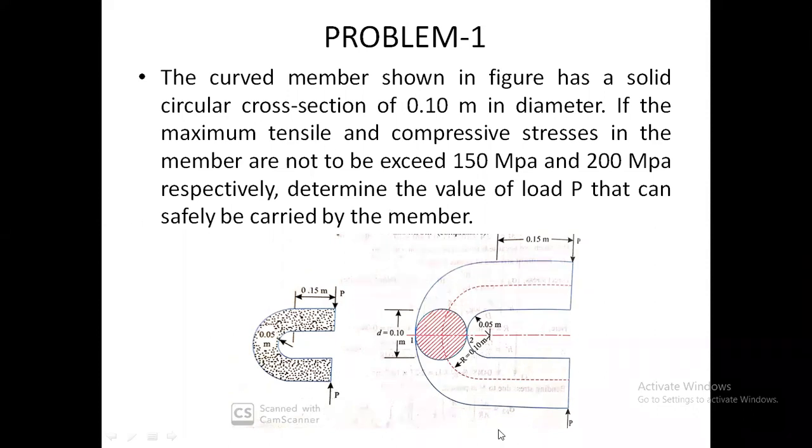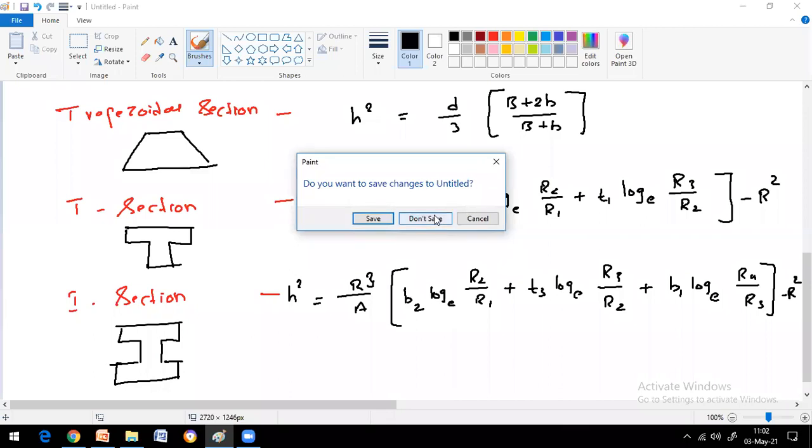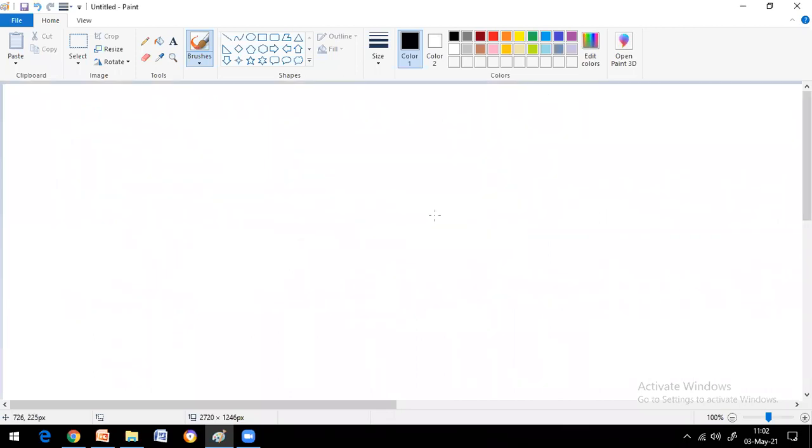Let me write the given data. Right, so write down the given data. ఏం అడిగారమ్మా? ఫస్ట్ డయామీటర్ ఇచ్చారు. ఓకే, డయామీటర్ is equal to 0.1 meter is equal to 100 mm.